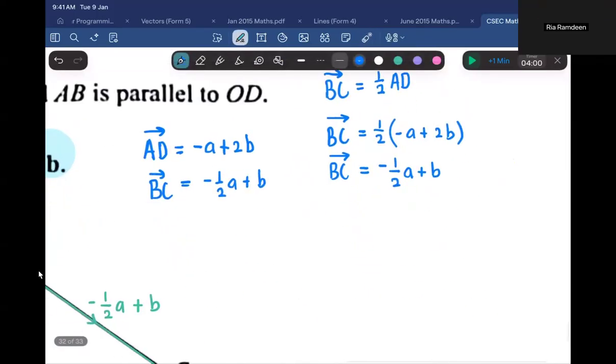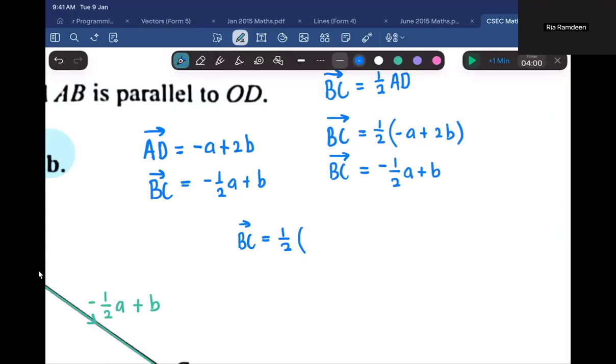So question, Ria: I have AD over here. If I were to factor out a half from that, what would I write on the inside? Actually, no, let me use BC. Ria, if I factor out a half from BC, what would I write on the inside?